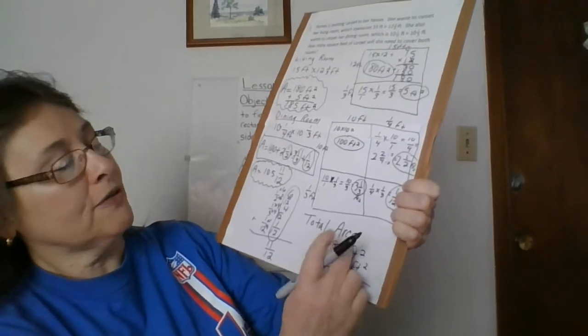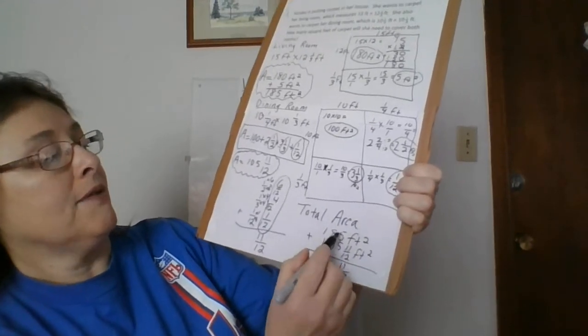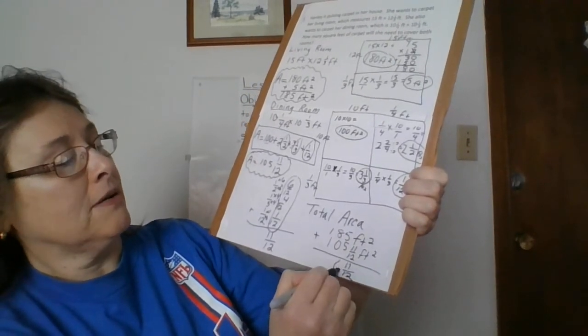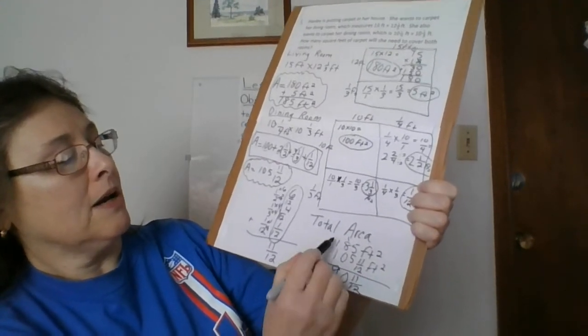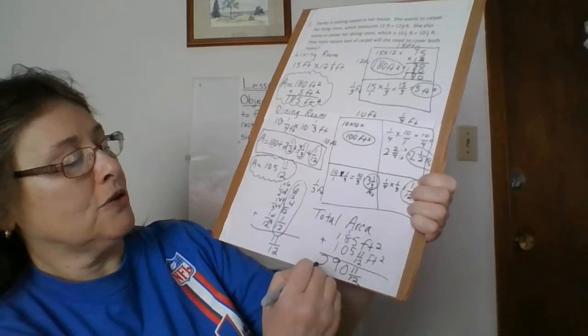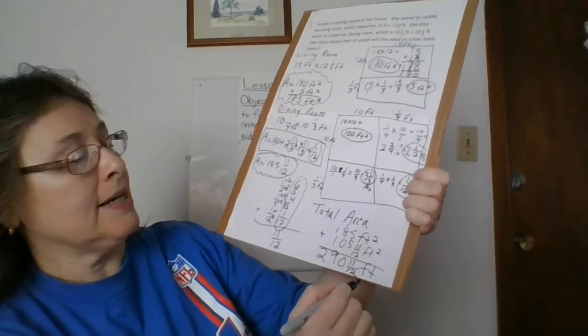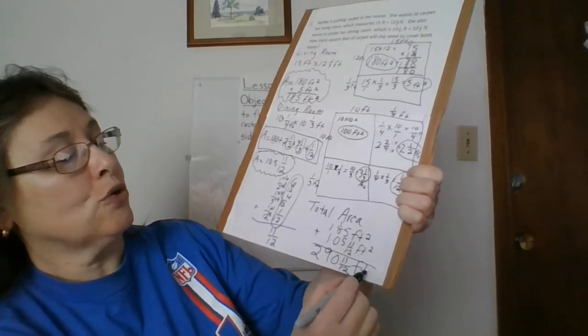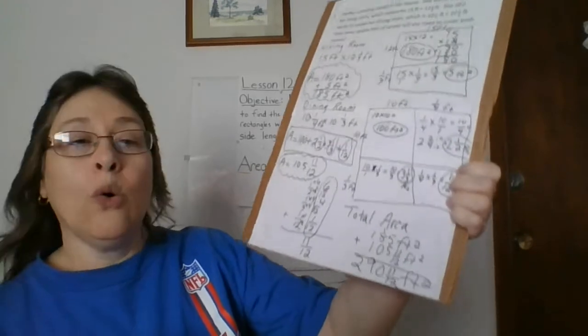And 11/12 plus nothing is 11/12. And 5 plus 5 is 10. 8 plus 1 is 9, and 1 plus 1 is 2. I need 290 and 11/12 feet squared to cover the whole floor.